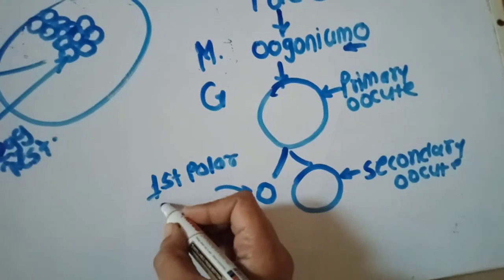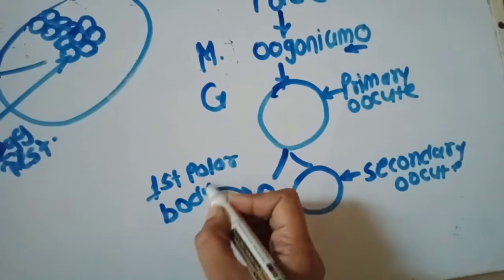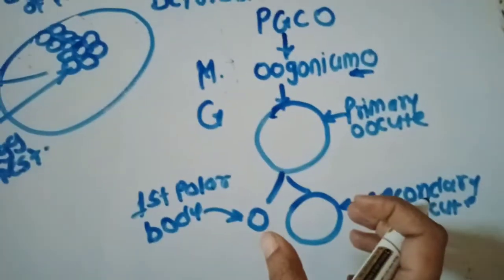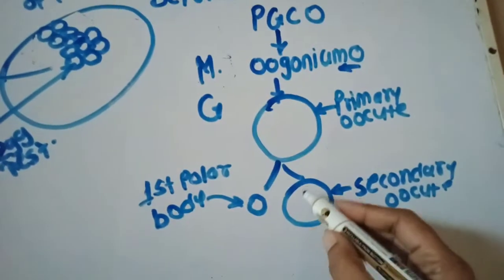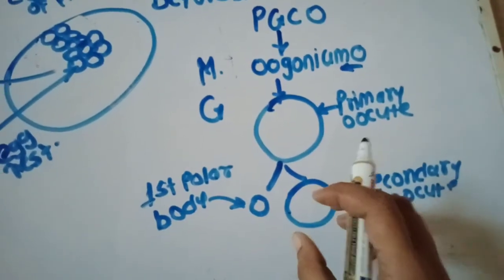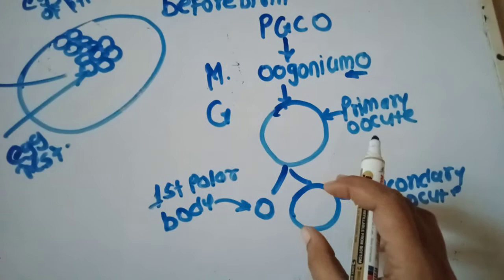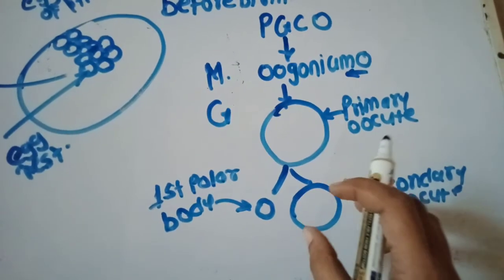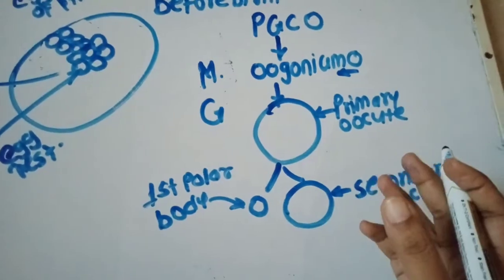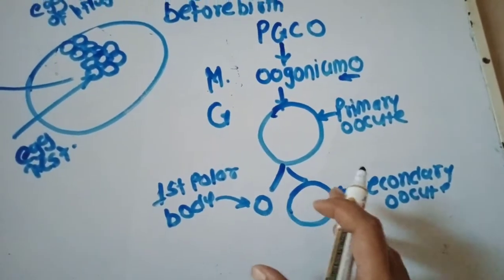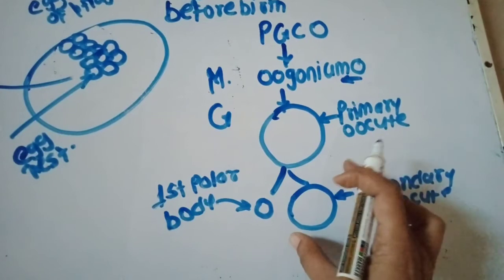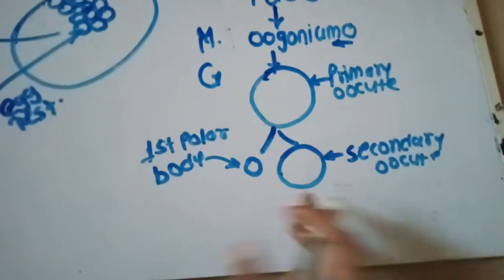If you wonder why there is an unequal distribution of cytoplasm, it is because when a zygote is formed, the egg's cytoplasm is the only nourishment. It is the only source of material that provides nourishment to the embryo, to the zygote. That's why there is an unequal distribution, and this secondary oocyte becomes the dominant one.